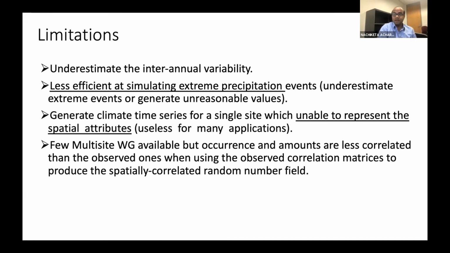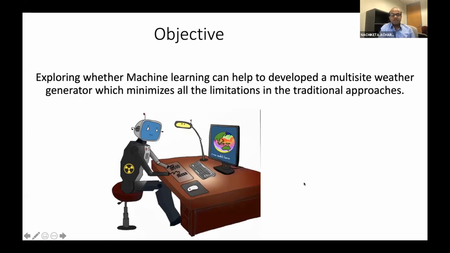Like if some area has an impact of a local rain system, that should also impact the other systems. So that's why multi-site is so important, because then you can capture the spatial variability or correlation structure of the spatial variability. On that point, we started thinking about whether any kind of machine learning method can help us minimize those limitations of the existing methods.